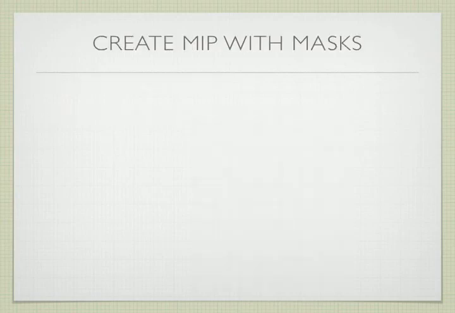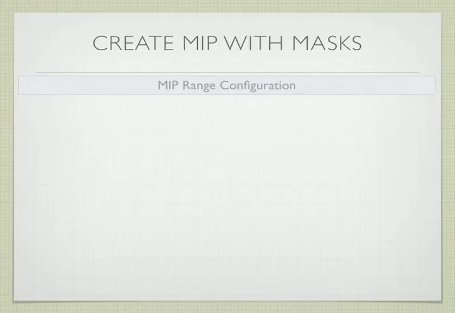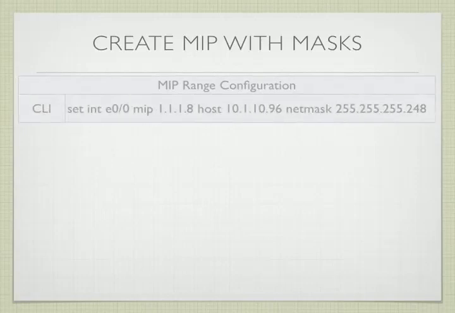So to configure a MIP with a mask, we're going to go in on the interface as before, and instead of just a host 1.1.1.8 10.1.10.96, we just add the keyword netmask and put in the mask. So here's our /29, and now we have the entire range translated one-to-one for the whole subnet.